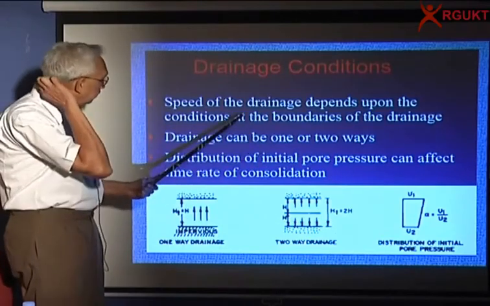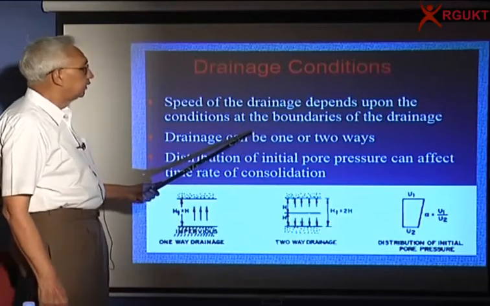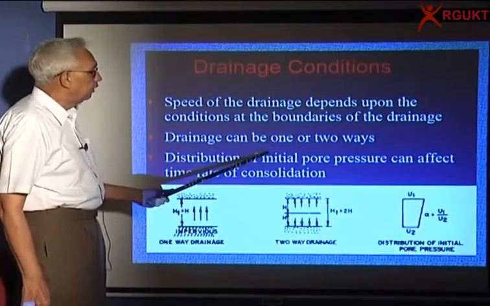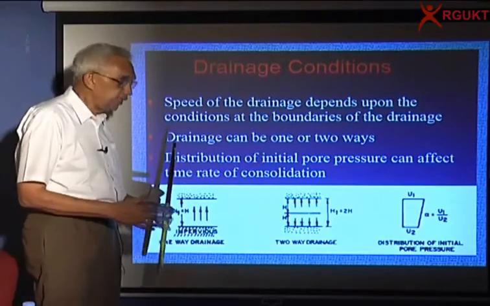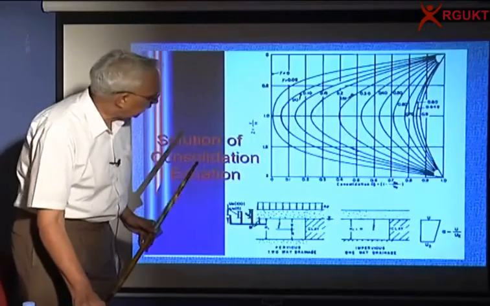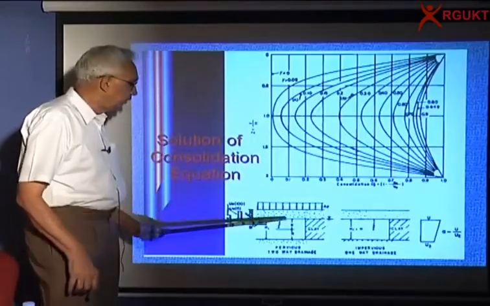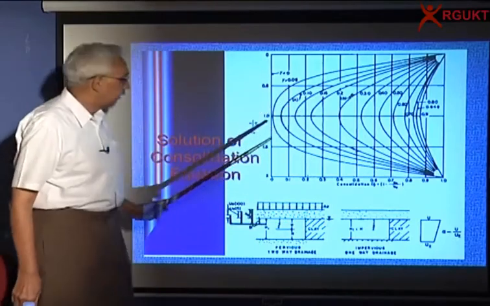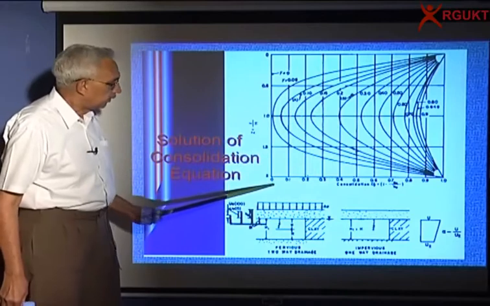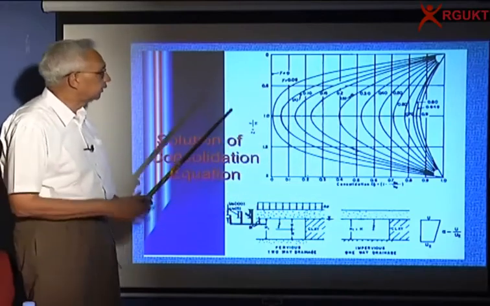So the speed of drainage depends on the conditions at the boundaries. It can be one or two ways, and the pore pressure distribution initially can be constant or vary linearly. If it's constant, this is how the consolidation or dissipation will take place.